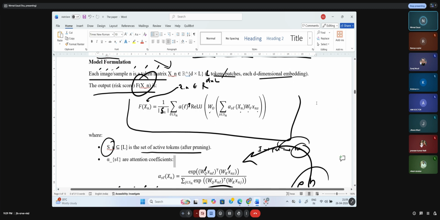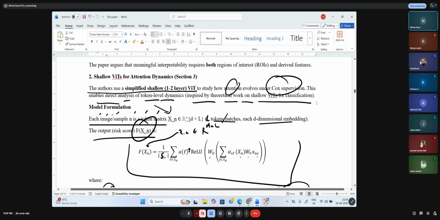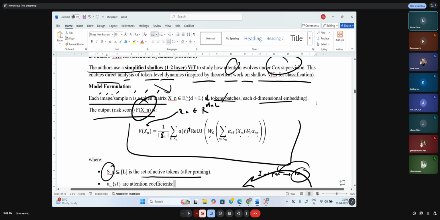So they are applying attention dynamics, telling that we need to study how attention works under Cox supervision. And the formula which they are giving makes a token matrix. Let's say in an image there are n number of tokens. N is a token matrix.